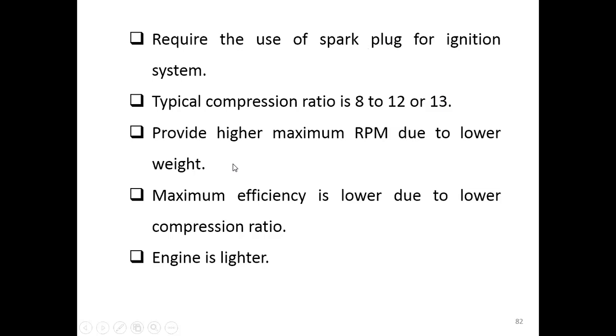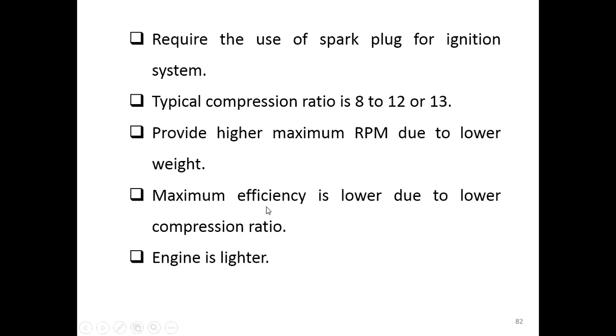This engine can provide a higher maximum RPM. That means you can run this engine at a higher RPM, or the speed of the engine can go higher, because this engine normally has a lower weight. It's not a big or bulky type of engine. It also provides the maximum efficiency.